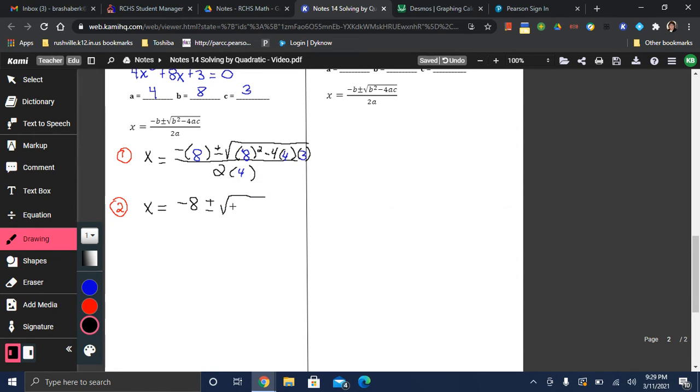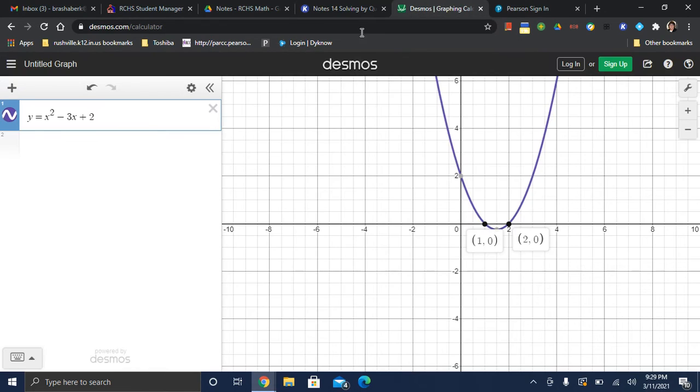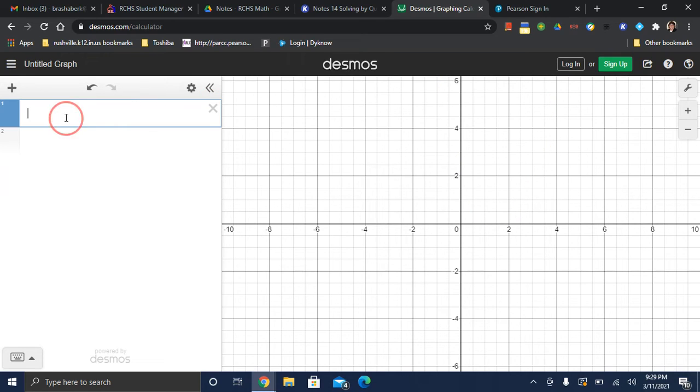Okay, now we're going to stop here for just a second, go to the calculator. We're not going to type in the square root sign, but we are going to type in the 8 squared minus 4 times 4 times 3, using the parentheses like we showed. So parentheses 8 squared.